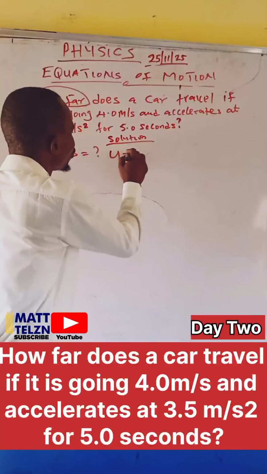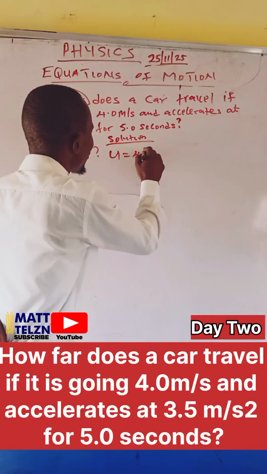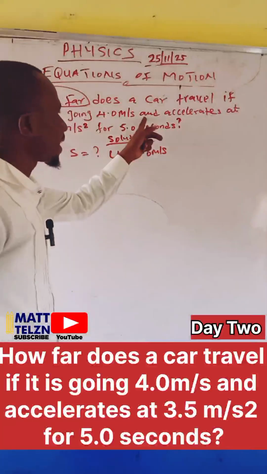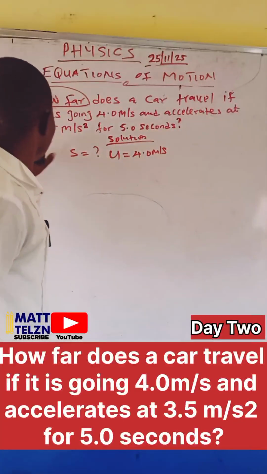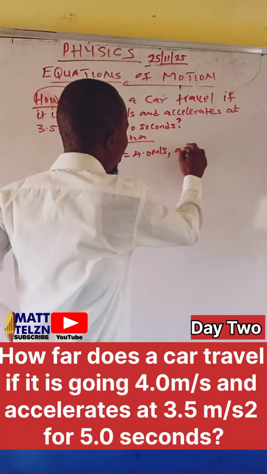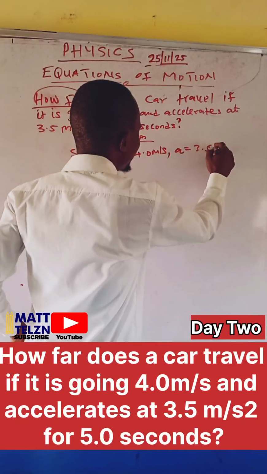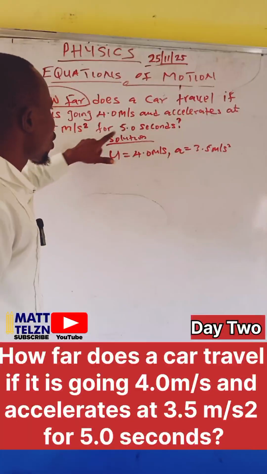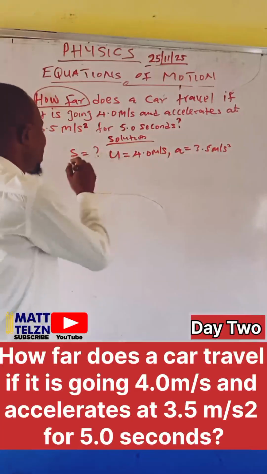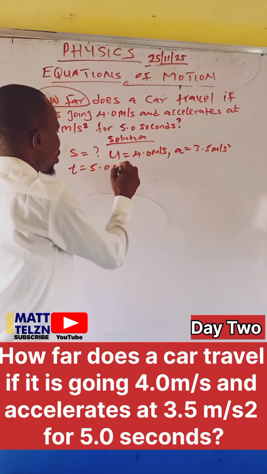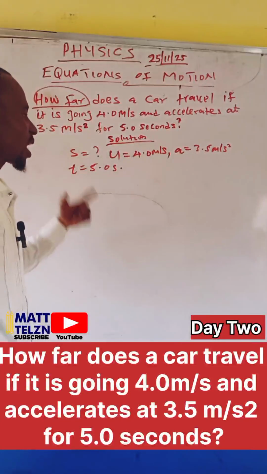So I have my U is equal to 4.0 meter per second and accelerate at 3.5 meter per second square. So I have my A, 3.5 meter per second square, right? For 5.0 second, this is my time T is equal to 5.0 second, right? They ask us how far.